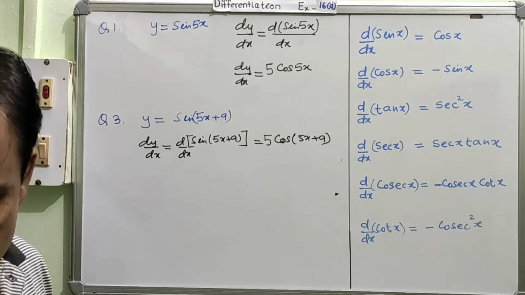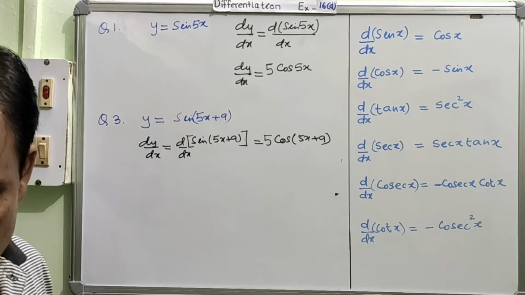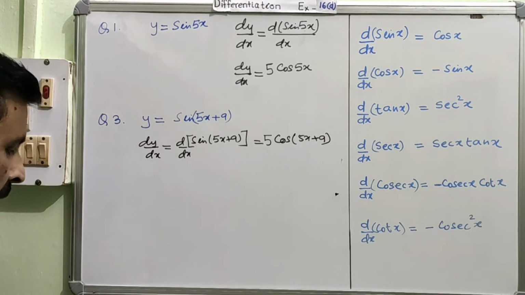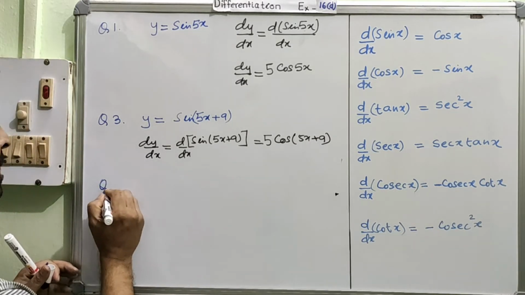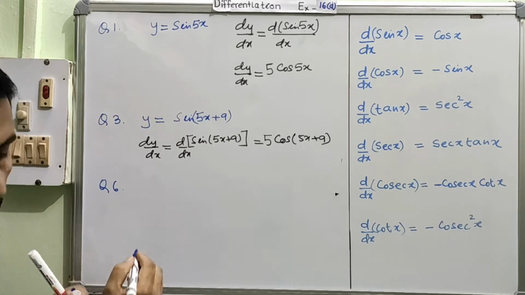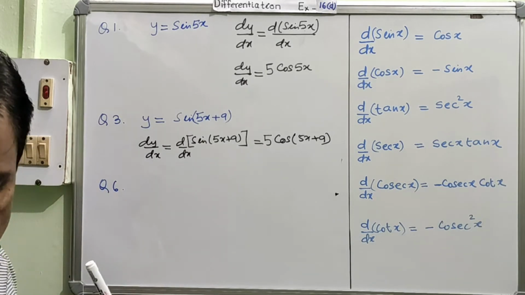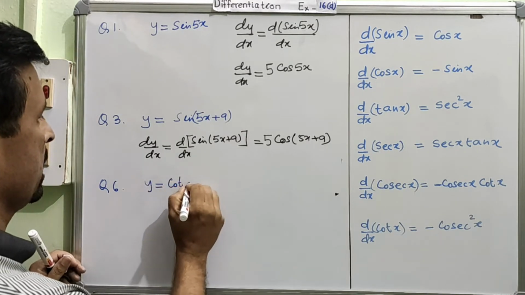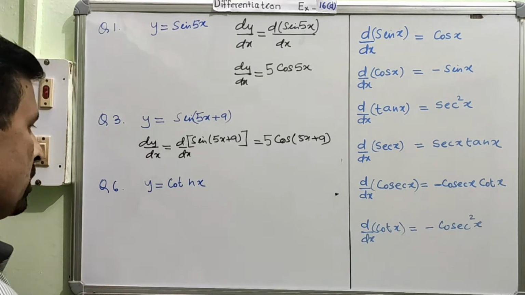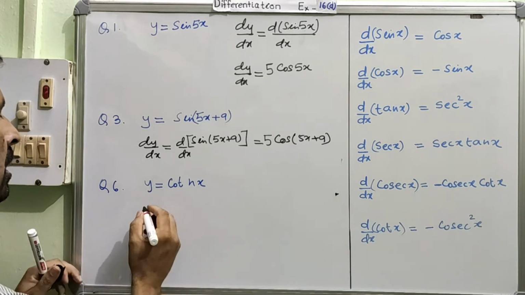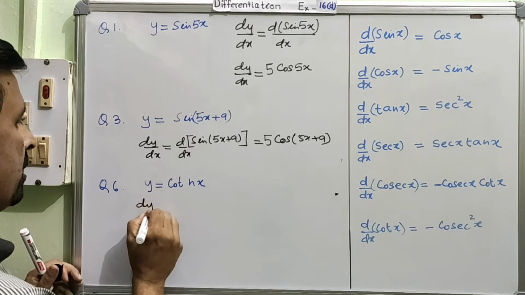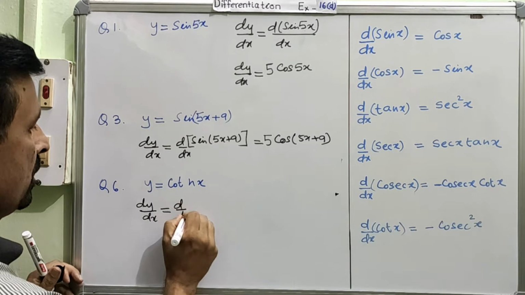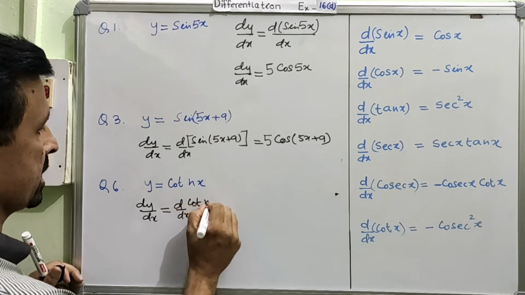Then likewise we can move on to question number 6, which is y equal to cot nx. So the derivative of this: dy by dx is equal to the derivative of cot of nx.